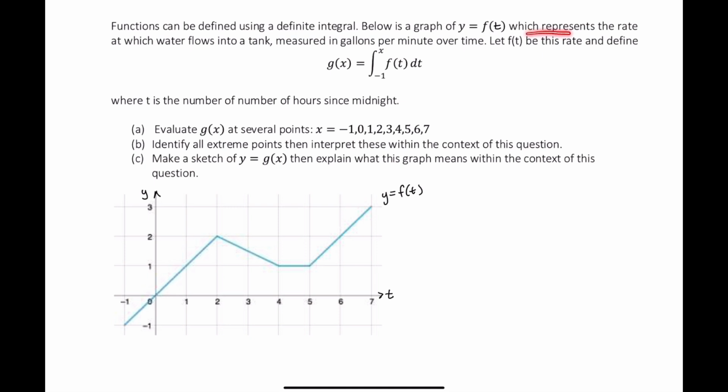Well, the graph of f of t represents the rate at which water flows into a tank. And now it's measured in gallons, excuse me, not gallons per minute. Apologies for that typo. This should have been hour. So this is gallons per hour over time.